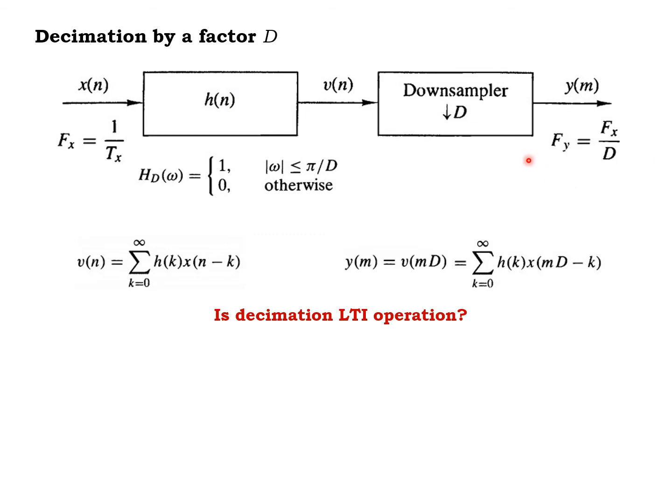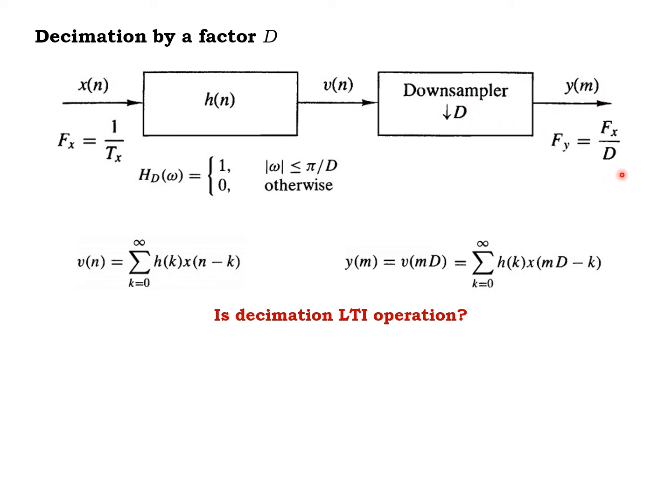We are representing it like this. What is the sampling frequency at the input? The sampling frequency at the input is Fx equal to 1 by Tx. When it passes through the impulse response h of n, we get v of n. And this v of n is downsampled by a factor D in order to get y of m.